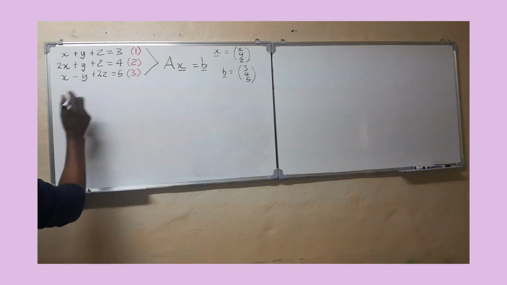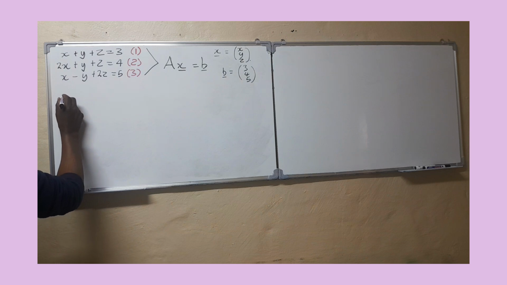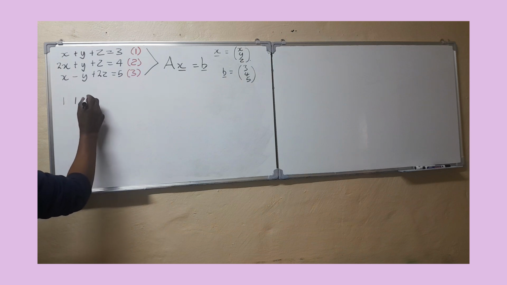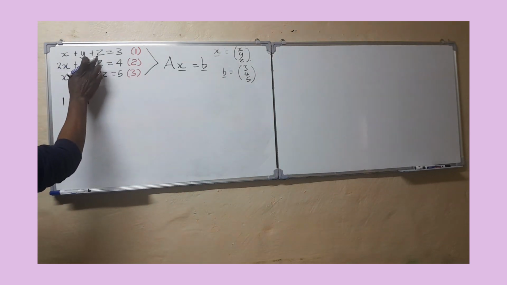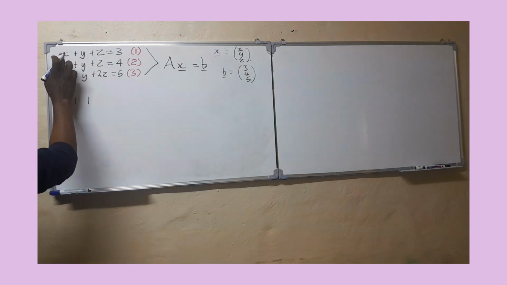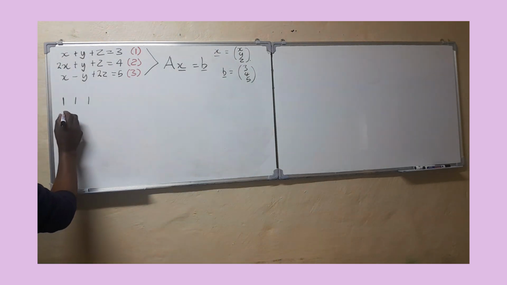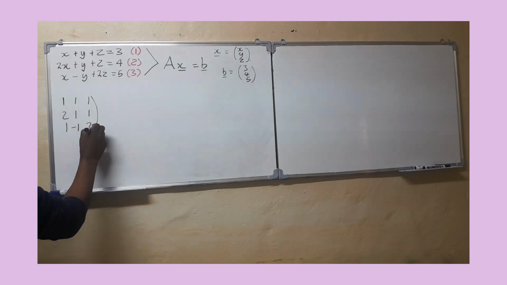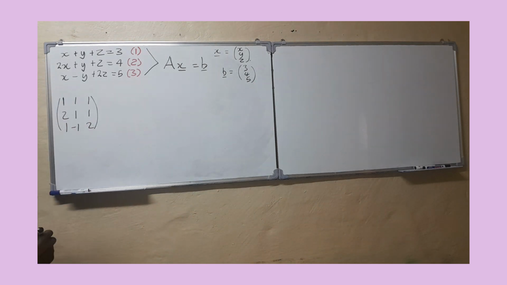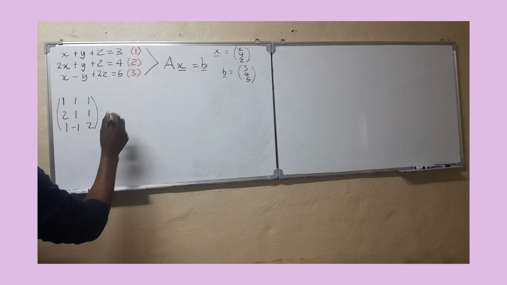So A, of course, has got elements 1, 1, 1. Remember, we are just taking the coefficients of the variables x, y, z. In the second row, we have 2, 1, 1. In the third row, we have 1, minus 1, 2. That is your A, multiplied by vector x.